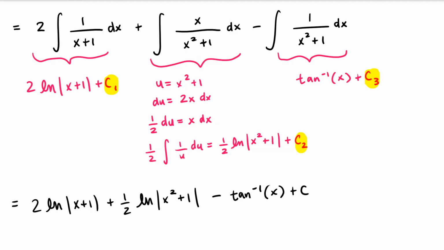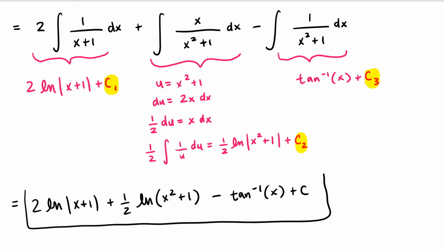Now, one thing that you'll notice in the final answers is that the inside of the natural log is x squared plus 1, which is always going to be a positive number. And so we end up dropping the absolute value bars and write it like this. So whether you leave it like that, or leave the absolute value bars or parentheses, that's fine. So here is our final answer.